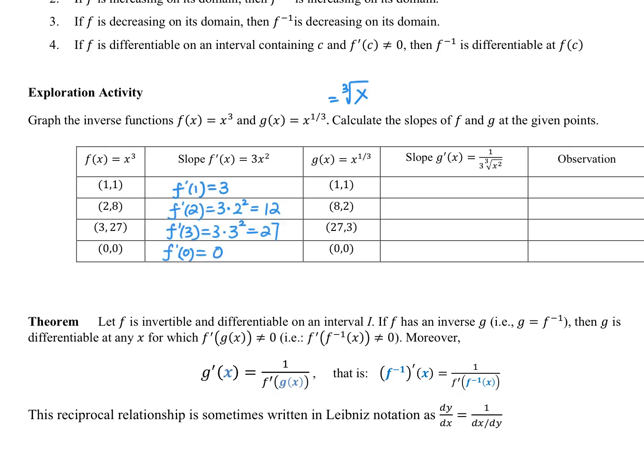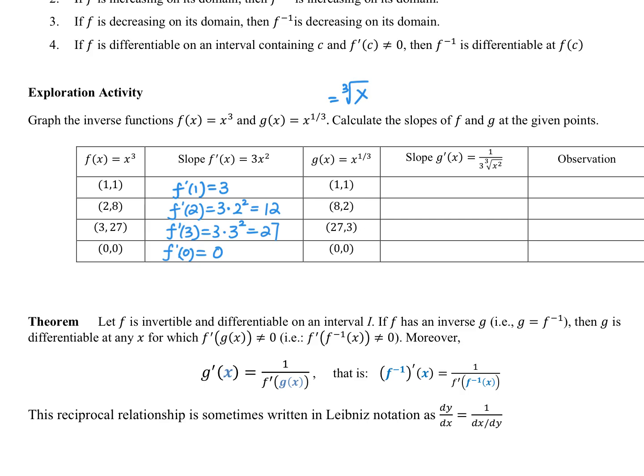Okay, time for us to take a look at the derivative of the inverse, its inverse, g of x. Now the derivative using the power rule: pull the 1/3 out, 1/3 times x to the 1/3 minus 1, which is 1 over 3 times the cube root of x squared.